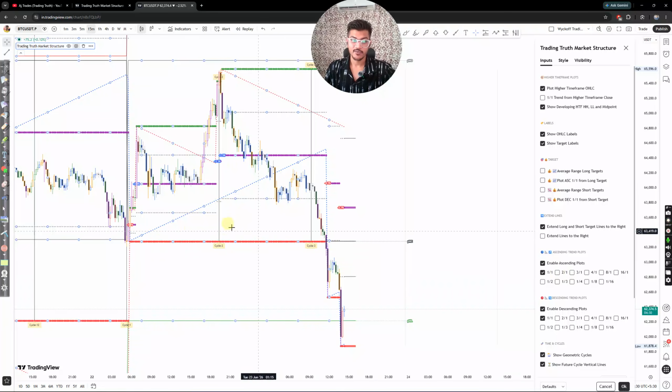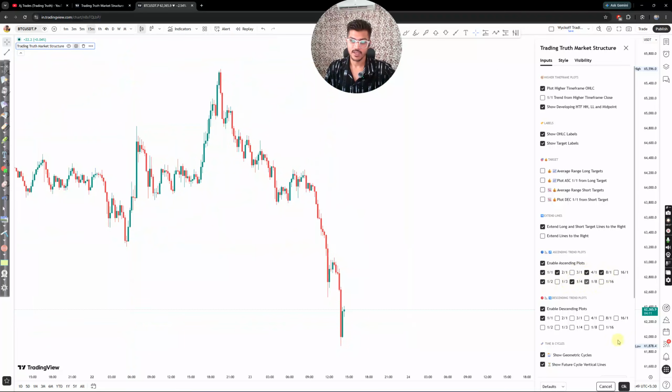Whatever trend line I have, I can add a trend line which goes 2 times faster, then 3 times faster, and let's do 4, 8, half, 1 by 8, like that.